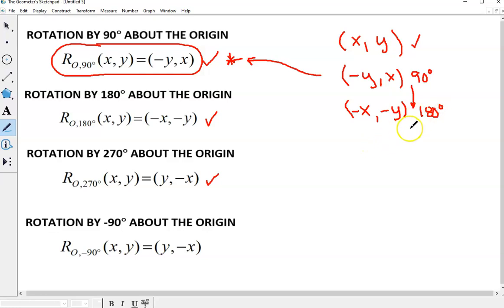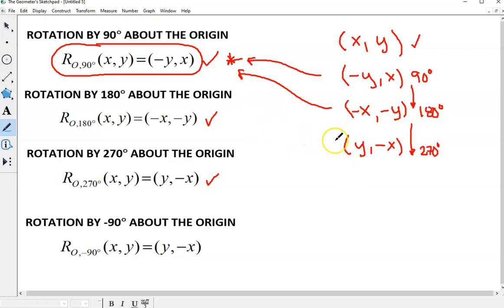Now, if I want to get to the 270 rule, let's use the 90 rule when we're here. So that would be to move this guy to the front and make it positive. Okay, that would be move this guy to the back and make it negative. And that's the 270 rule. So I'm actually using the 90 rule 3 times.